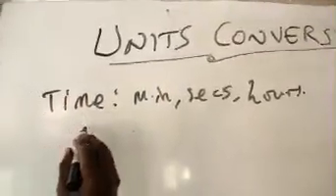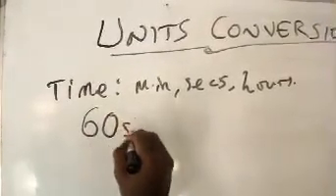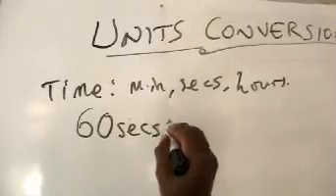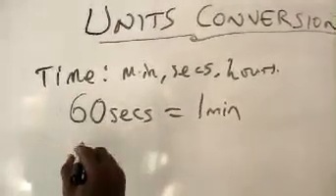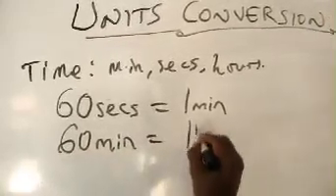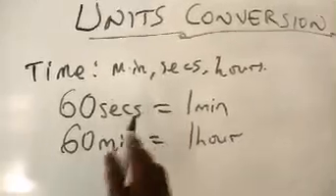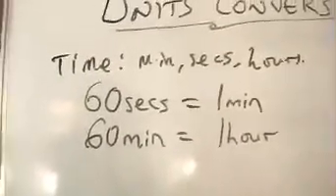It's something we've been saying since maybe when we were children. 60 seconds make 1 minute. 60 minutes make 1 hour. And we're now going to include 24 hours make 1 day.